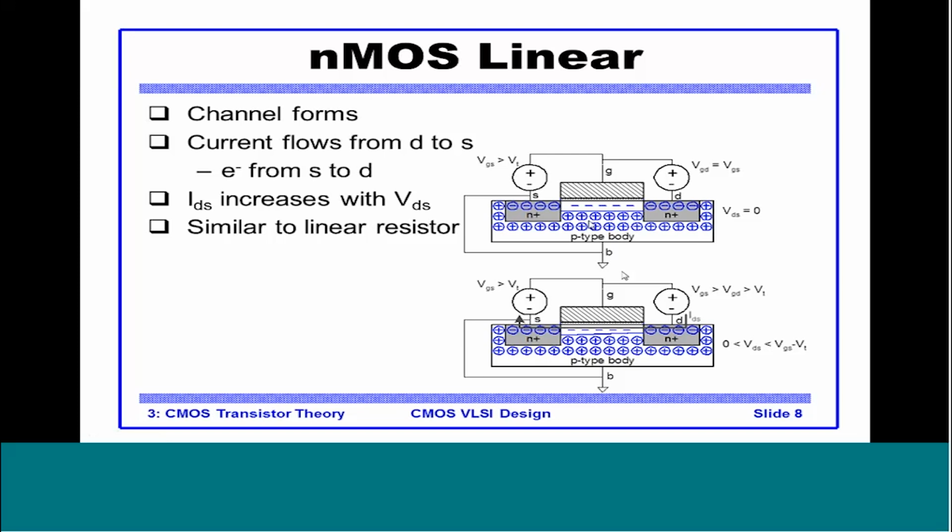Because the substrate being p-type, the carriers are electrons. That is why it is called inversion region. In this region, a small increase in VDS will correspondingly result in an increase in IDS. It behaves very similar to a resistor. So it's a linear region. That's why we call it linear, because it mimics Ohm's law.